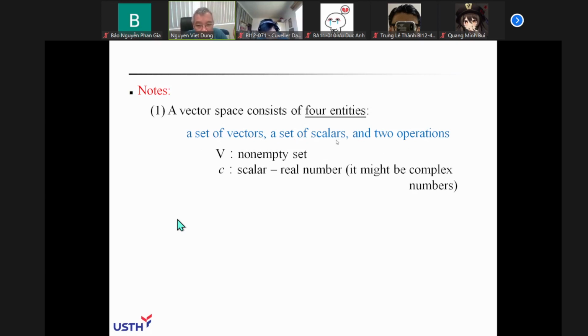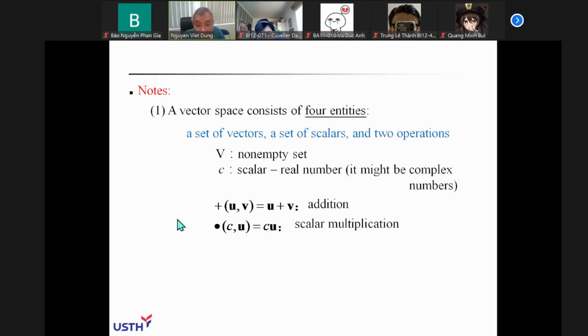Then the set of scalars. Usually in our course, we take it to be the real numbers. But later, maybe in the second semester or next year, you can deal with some vector spaces where the set of scalars is the complex numbers. I don't know if you studied it already in high school, but however, I will omit it in this course.